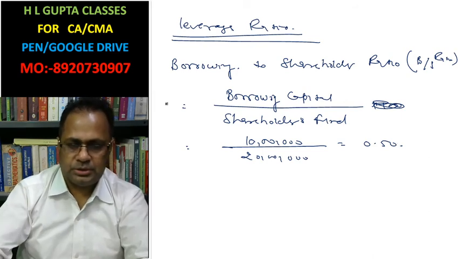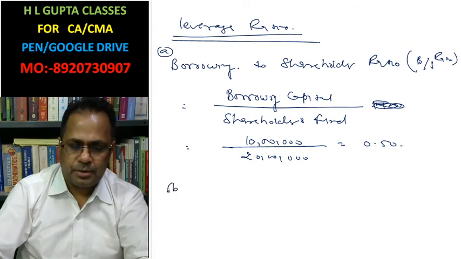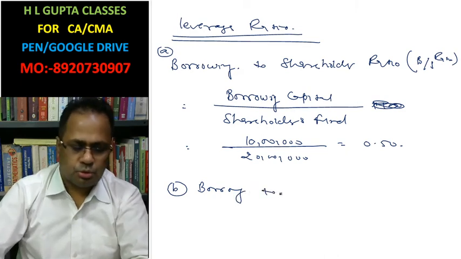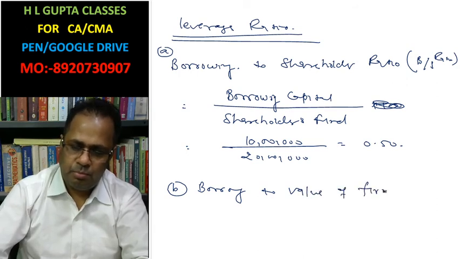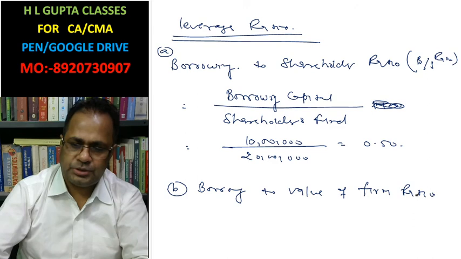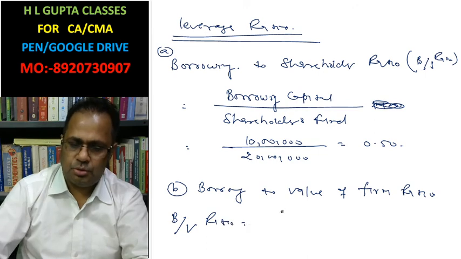Now, this is the first part. Now the second part: borrowing to value of the firm ratio. That is the borrowing to V ratio.